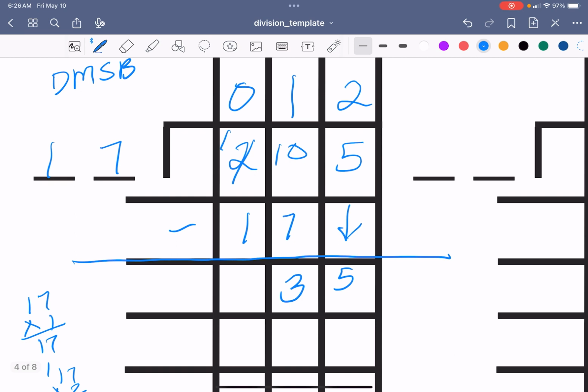So I did my division. I put the 2 there. 17 into 35 is 2. So now I have to multiply. 2 times 17 is 34. Now I have to subtract.